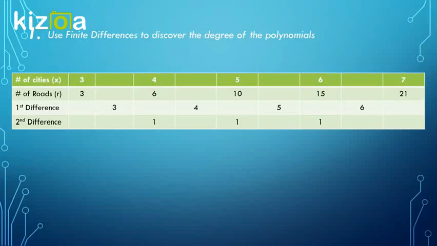And then you get the first difference. Because they're not all equal, this is not it. So then you do it again: 4 minus 3, 5 minus 4, etc. Until finally, you get a repeating integer, which is on the second difference. Because it's on the second difference, the degree is 2, quadratic.